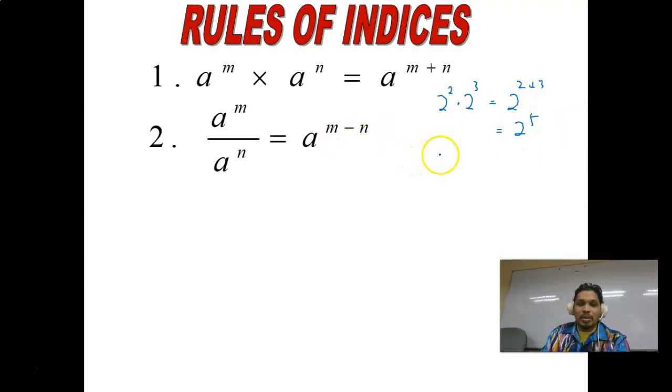And what about this one? Let's say 2 to the power of 7 divided by 2 to the power of 4. We come up with 2 to the power of 7 minus 4, equal to 2 cubed. That's a simple example.